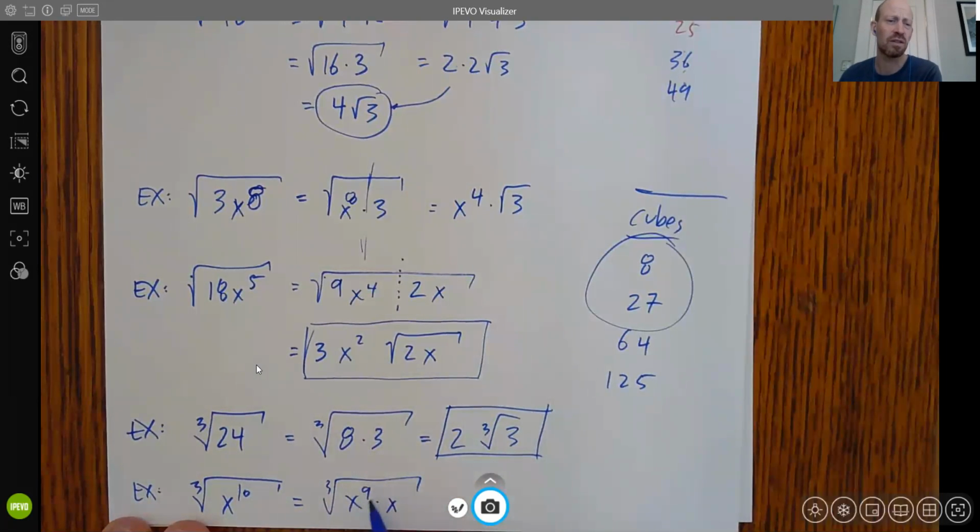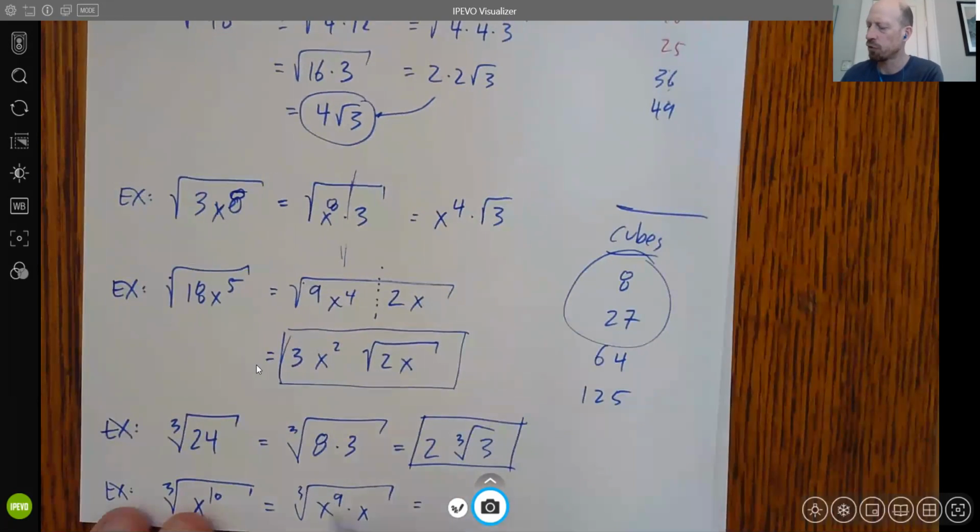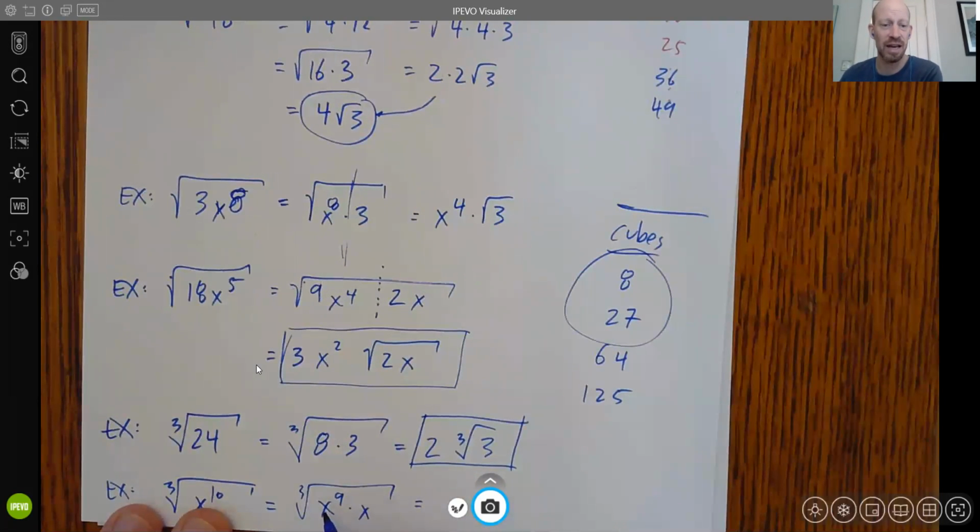So this is the largest part that's still divisible by 3. And then I have this little leftover part. So the cube root of x to the 9th, I do that by dividing this exponent by 3. That's going to give me x cubed. And then I have the cube root of x.